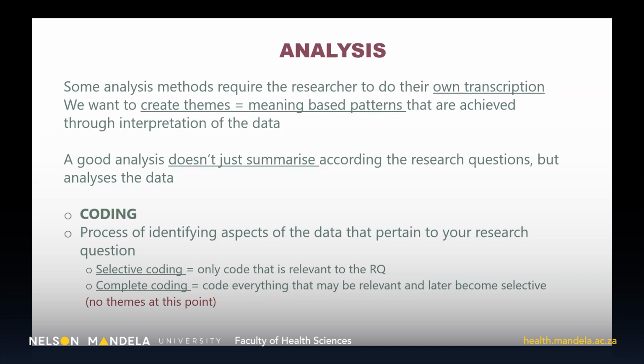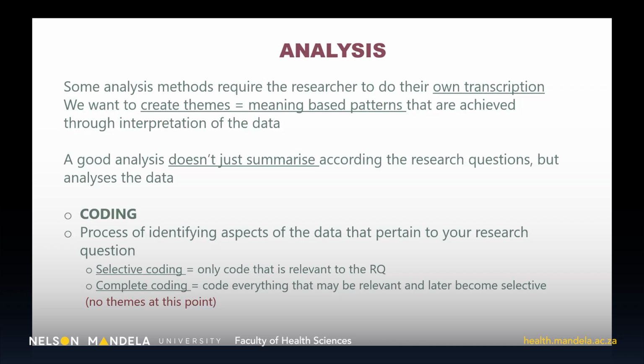So the research question I gave you earlier, what is it like to start private practice? How did you find your feet in private practice, right? And you read the interview looking for little units, codes that pertain to that question.